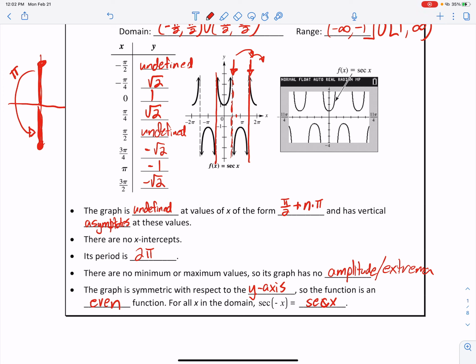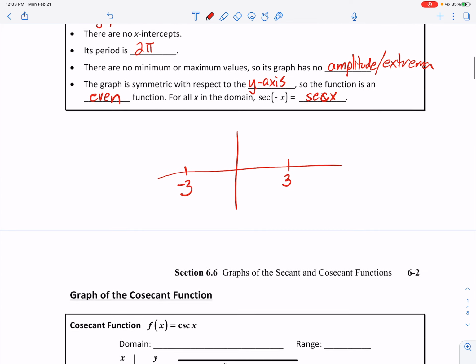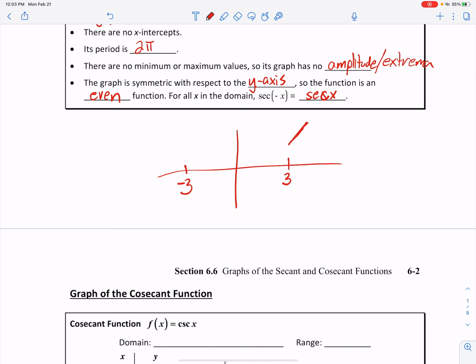To understand that last thing, just look at the graph and think about if you were to plug a number in on the right side and compare it to the left side. If I have a 3 over here, and I want that value, a negative x just means what is it over here? Well, if it's symmetric, let's just say this is my graph to keep my life easy.